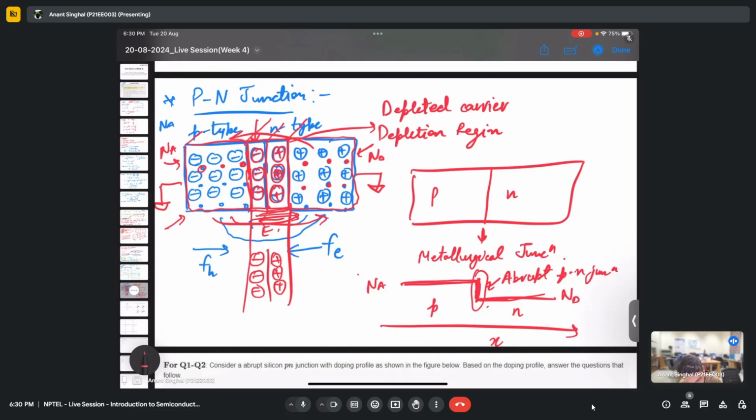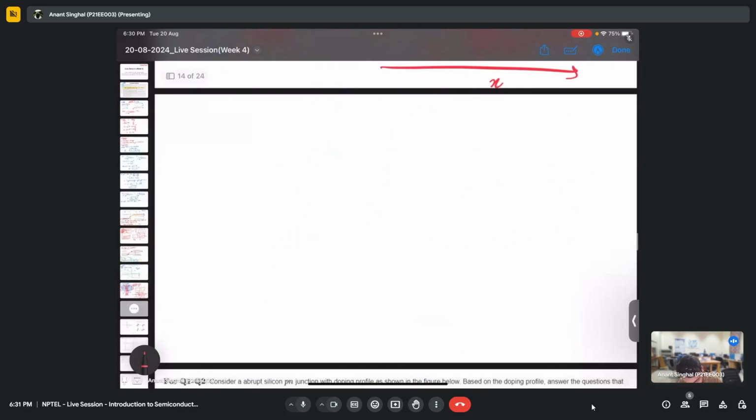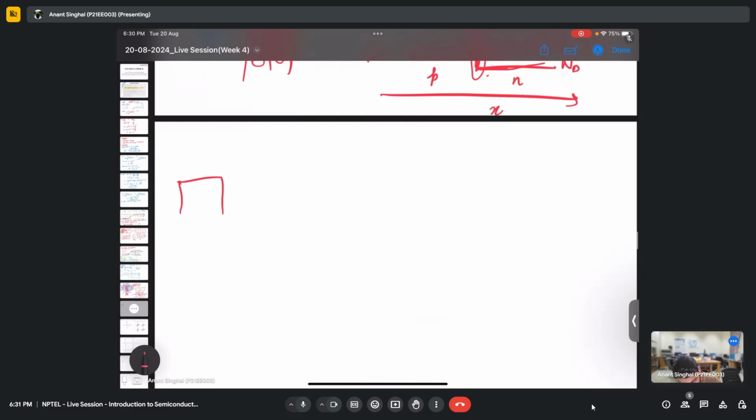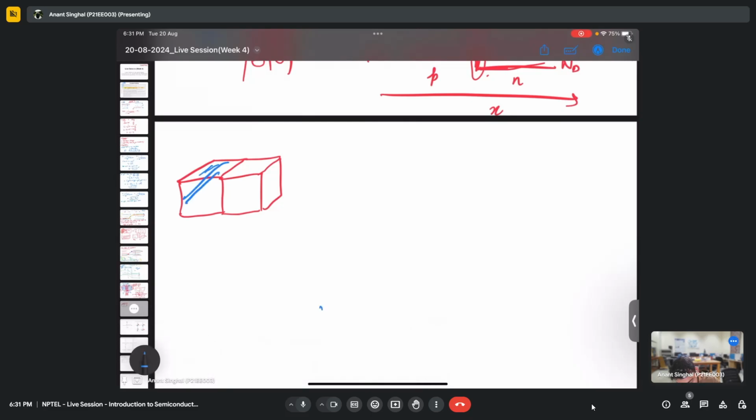So let's say we have a 3D block also. What we generally consider is that we have a uniform doping for the 3D bar. If I'm taking a cube, maybe I can make it on the next page. Let's say this shaded cube is for the P type and this non-shaded one is for the N type.